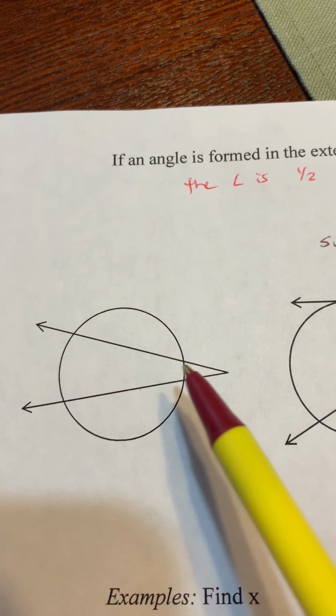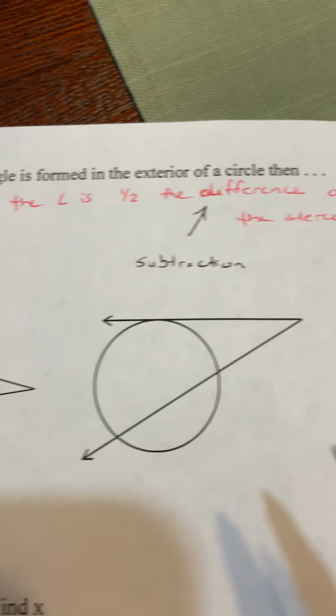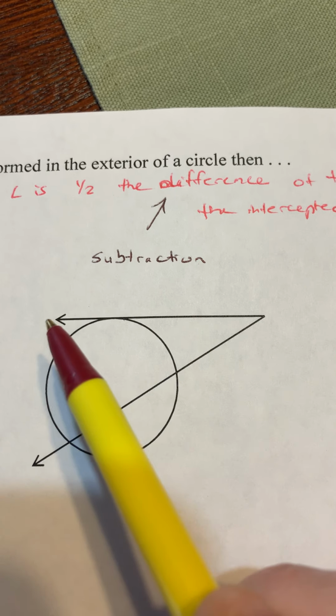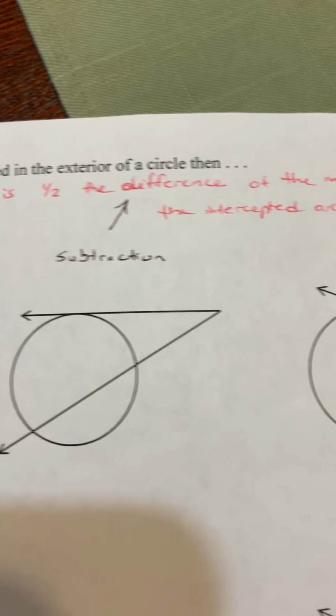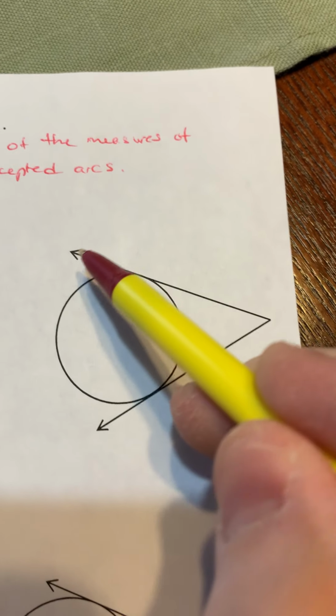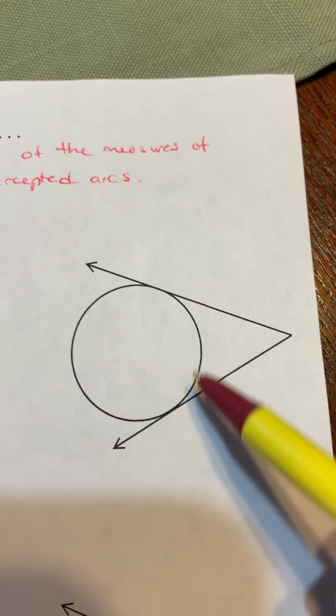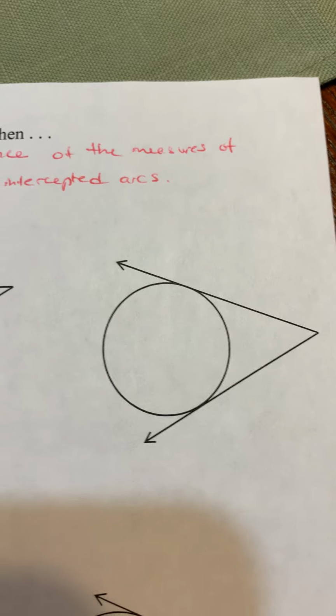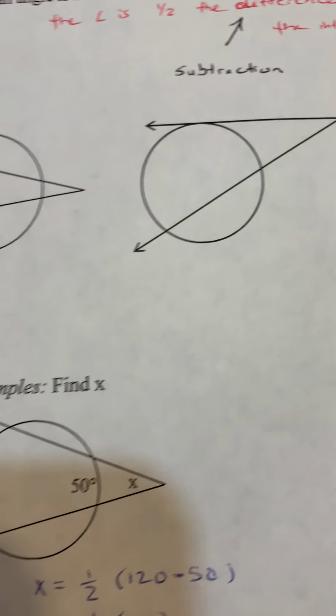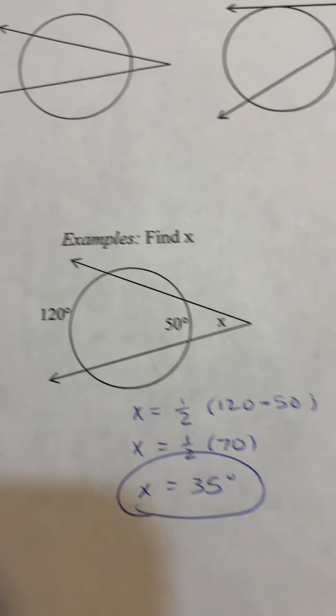Here are the intercepted arcs. You could have a secant and a tangent. Here are the intercepted arcs. Or you could have 2 tangents. Here are the intercepted arcs. Okay, so 3 different circumstances under which that could possibly happen.